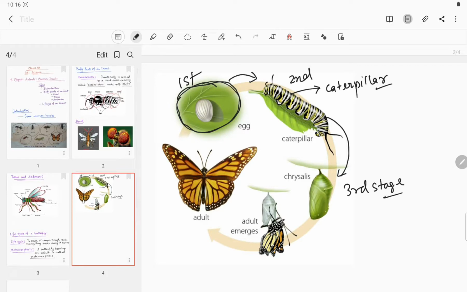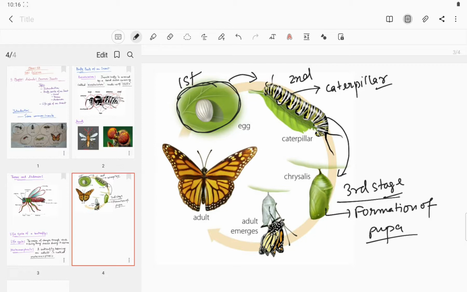Now it is all the way grown, and in this stage comes the formation of the pupa. The caterpillar is inside the pupa, where it starts to change. It soon changes into a butterfly.